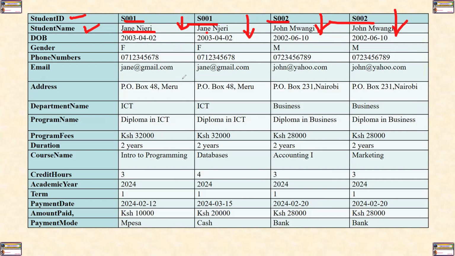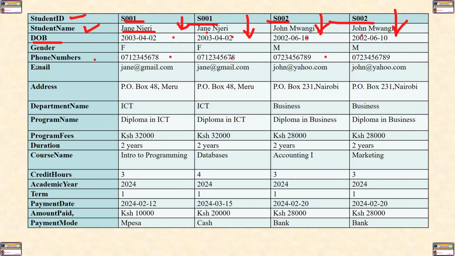It's as a result of the splitting of the composite fields, or splitting the data which was put together in the same field. The date of birth, yes, we have phone numbers. Each, of course, has a single phone number. There has been no splitting.